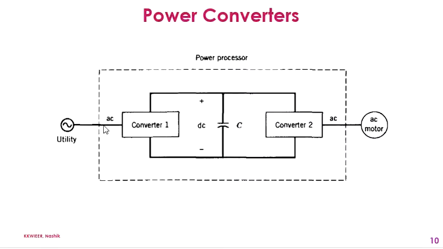In this case converter 2 operates as a rectifier whereas converter 1 operates as an inverter. As I have told earlier, the energy storage device, that is the capacitor in the DC link between the two converters, decouples the operation of these two converters on an instantaneous basis.